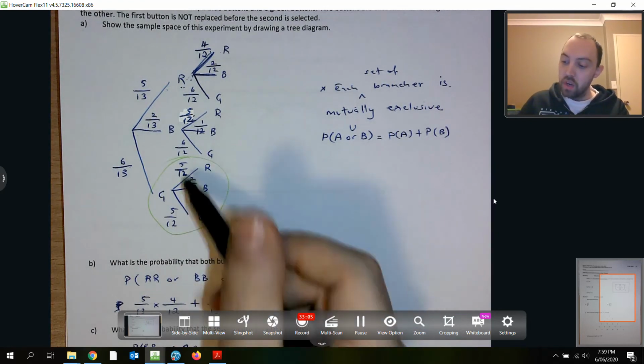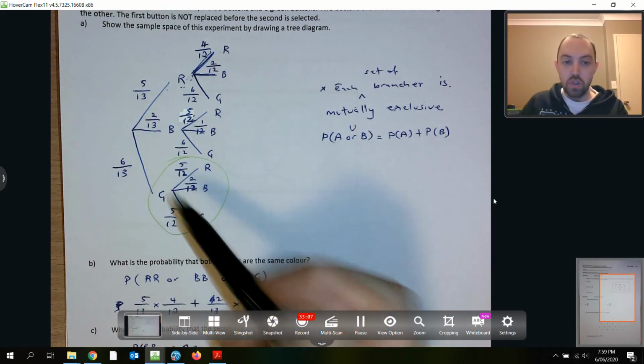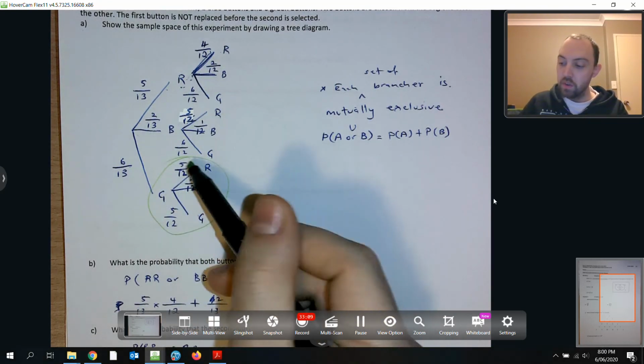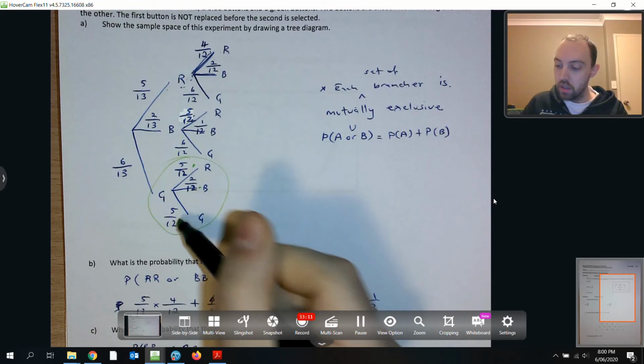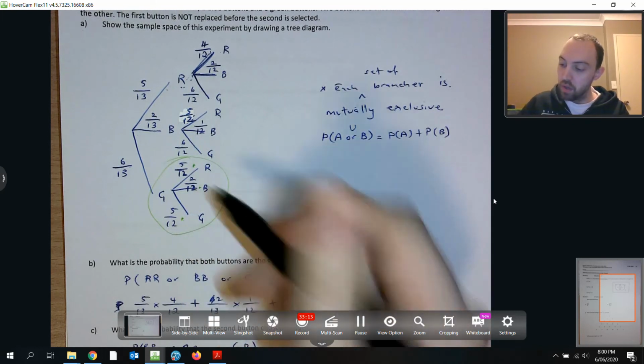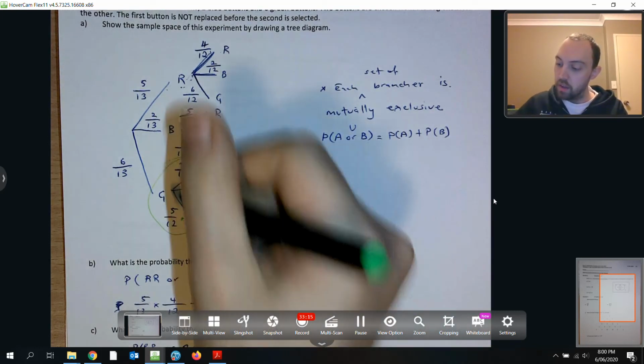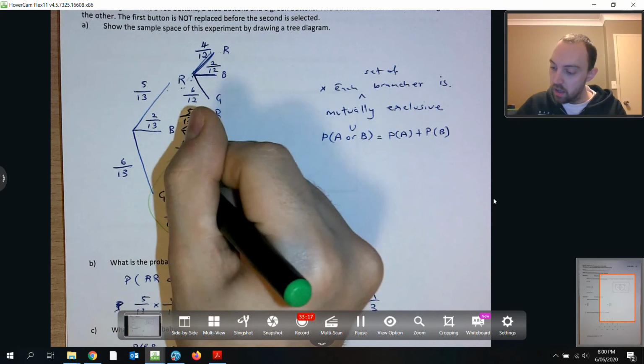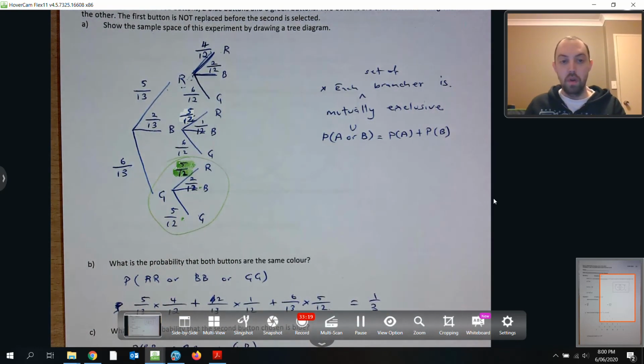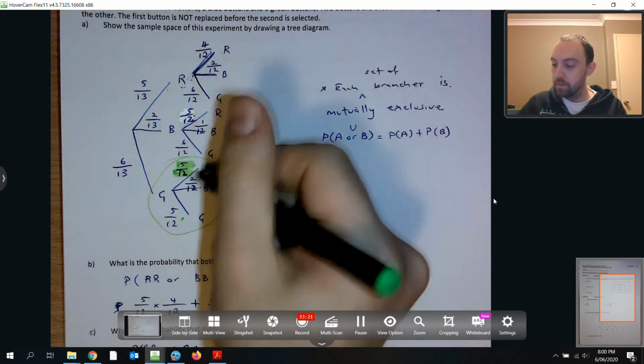Because the first one is green, I am now restricting myself to just these options. These already add to 1, so my total is out of 1 here, and I am looking for a red, 5 out of 12.